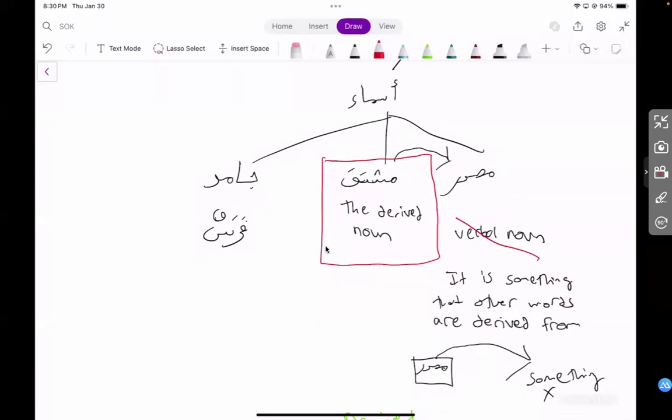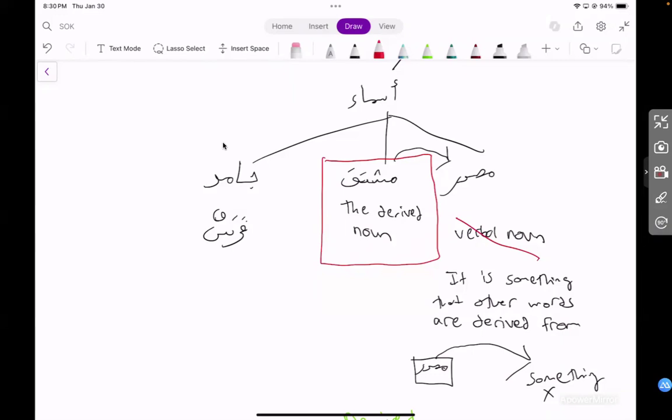But basically, you're just trying to understand how different words and their patterns change given different circumstances. That's what sarf is. So we will see that under different circumstances, the asma will change their forms accordingly.